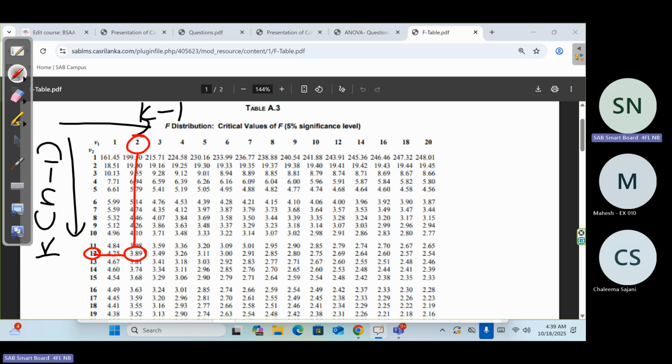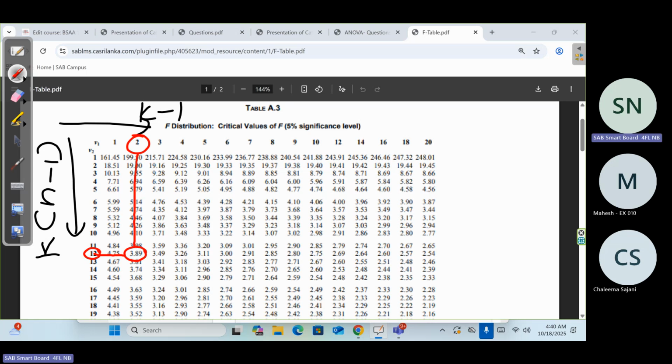Okay, so if the calculated F statistic is greater than the table critical value, we reject the H naught at 5% level of significance. Understood? So if the calculated value is greater than the critical value found in the F table, what happens to H naught? It is rejected.